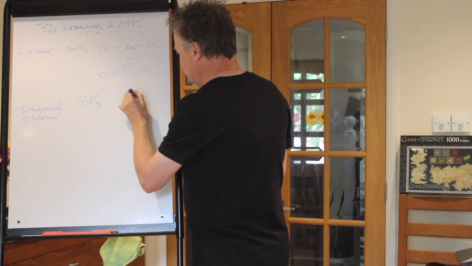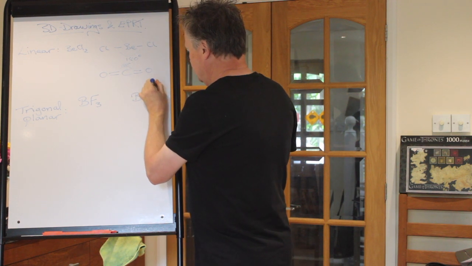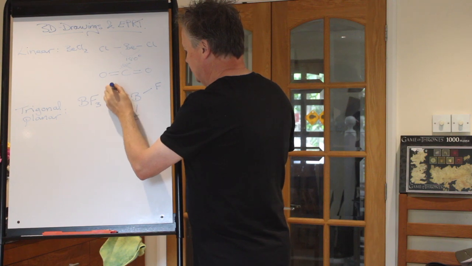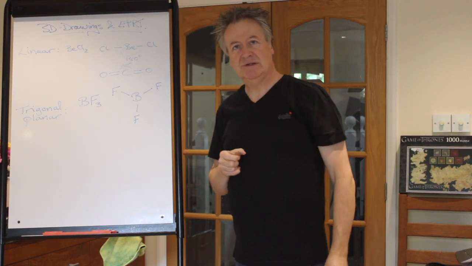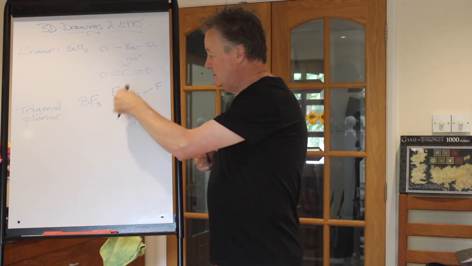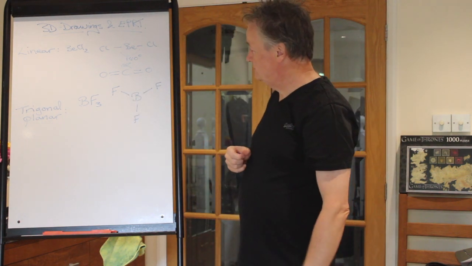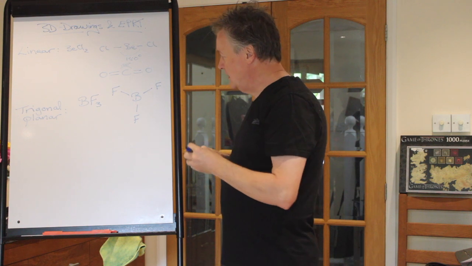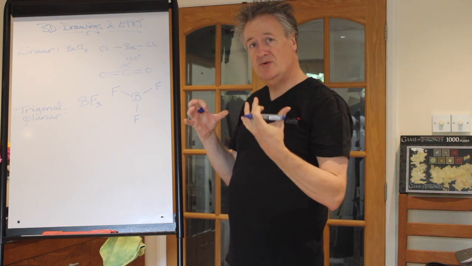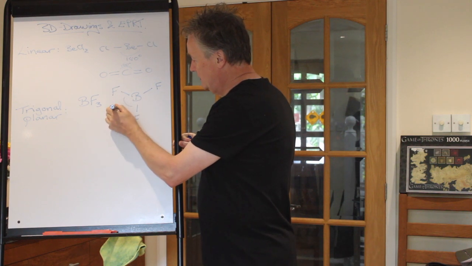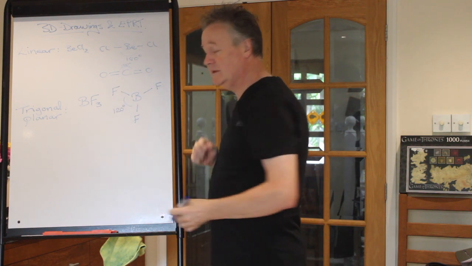Boron, with the number of electrons it's got, means that when you do its dot and cross diagram, it doesn't have any electrons left for a lone pair. It only has 3 outer electrons. They're all used up in the bonding with the fluorines. So there's no lone pair. So there's nothing other than 3 things getting as far enough away from each other as possible, and the bond angle therefore is 120 degrees.